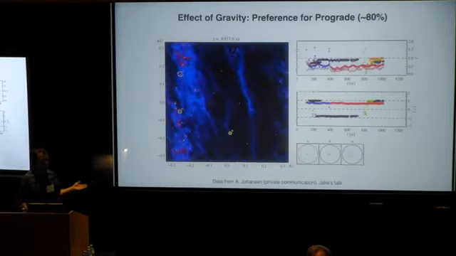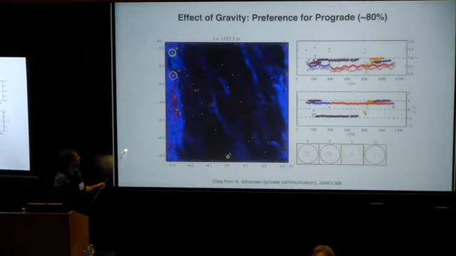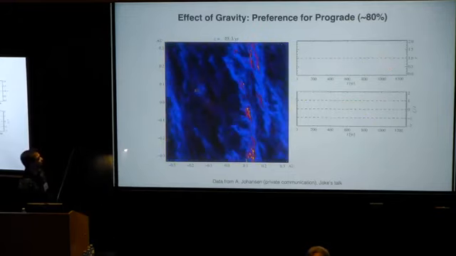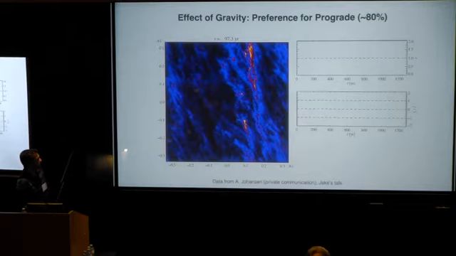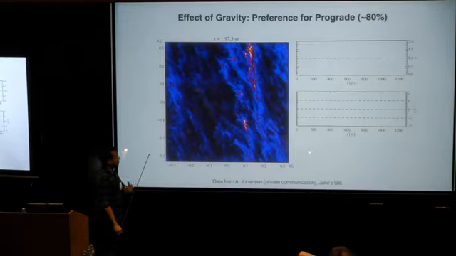Anyhow, the point here was that, oh, there it goes. So anyhow, the point here was that when you add gravity, then you get the prograde to retrograde ratio, which makes sense because without gravity, there is no reason why a clump would orbit in any other way, right? I mean, in one way or the other, there is no preference there.